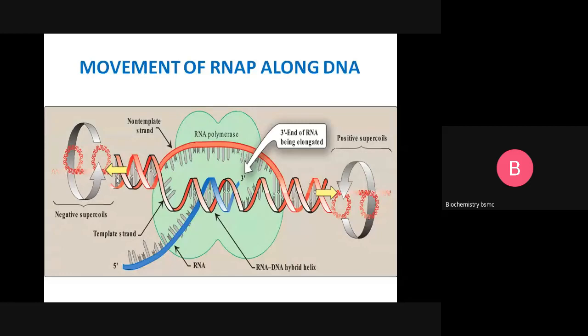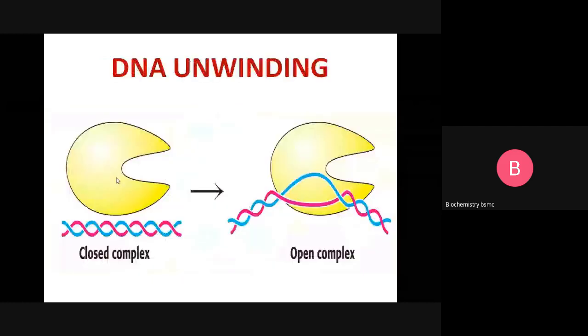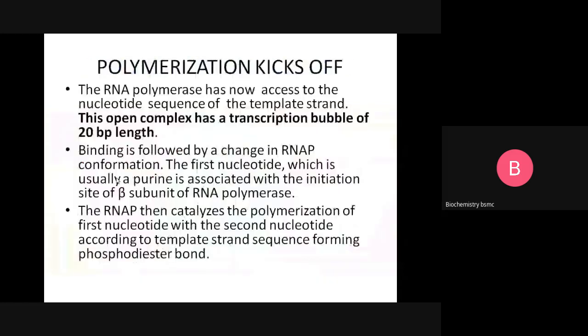They relieve the torsional stress and just allow the RNA polymerase to slide smoothly along the transcribed region. So this is the concept of transcription bubble, and how it is so important to keep the DNA unwound so that the RNA-DNA hybrid is formed, and gradually the short RNA is getting elongated, but we shall see that in the later part.